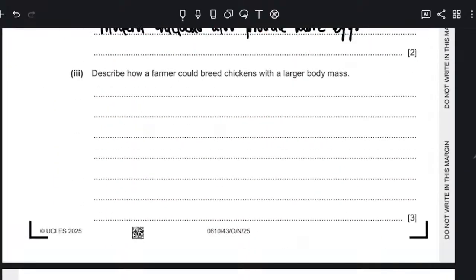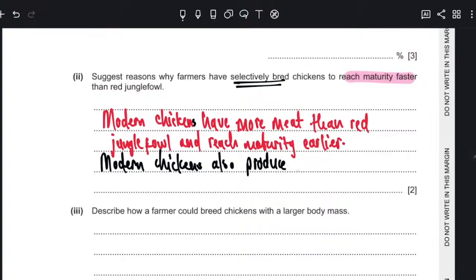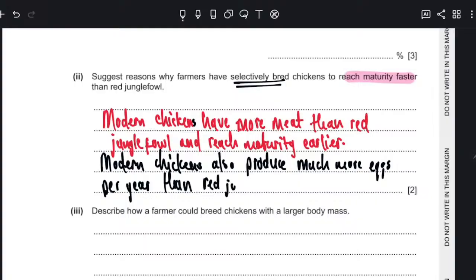They can produce many more eggs per year than red jungle fowl, and do so earlier.